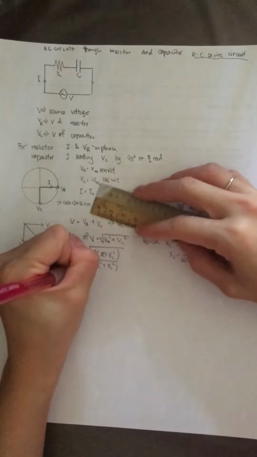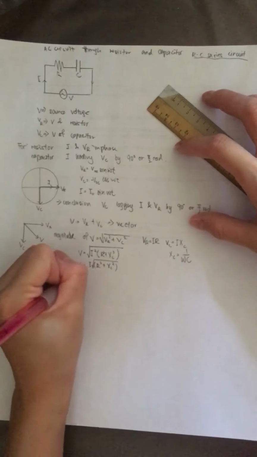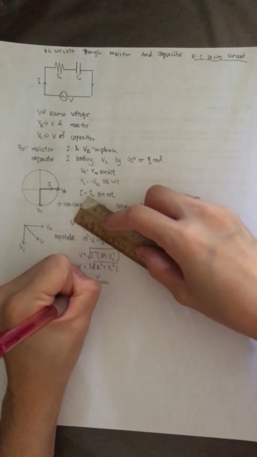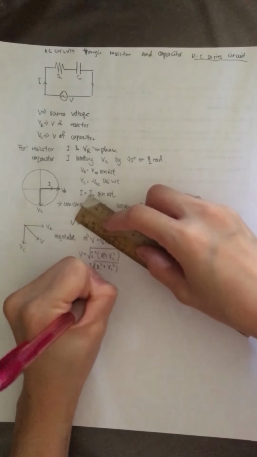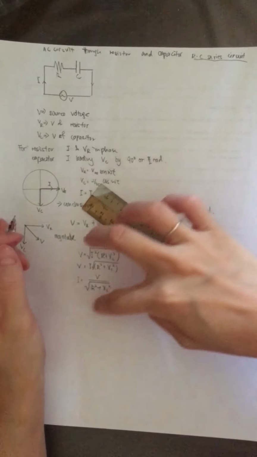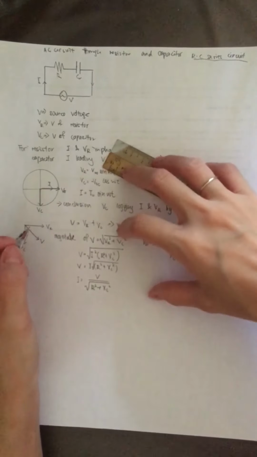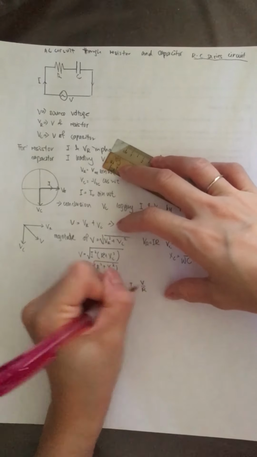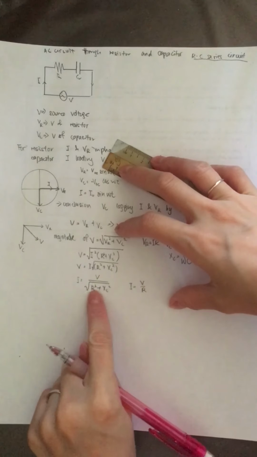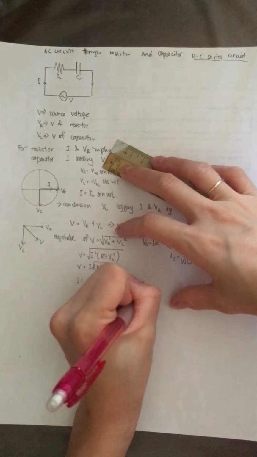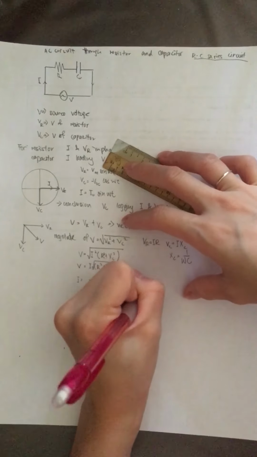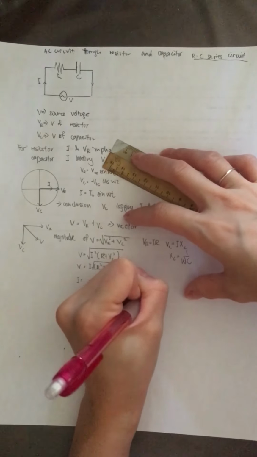Okay, don't forget your square root. So I for your circuit will be written as V over square root of I square R plus XC square. So if you compare this one with your Ohm's law, which is I is equal to V per R, but for this one, the R here is actually your impedance, which you use Z to represent.